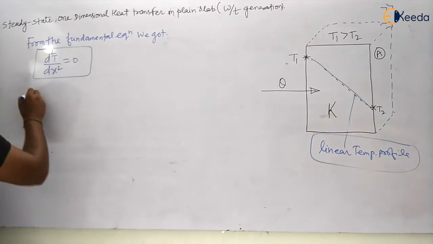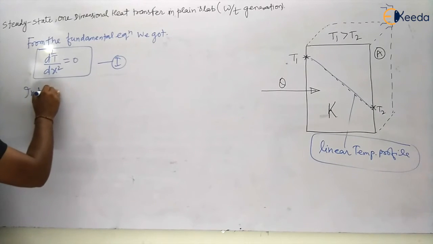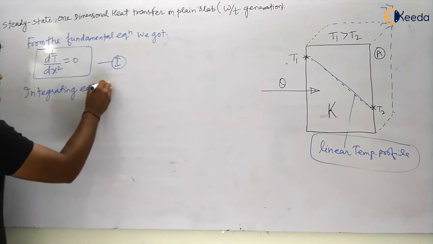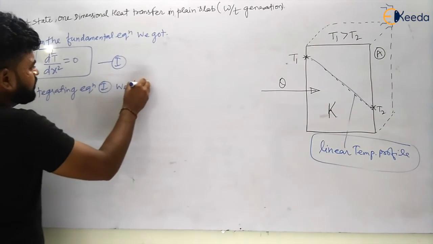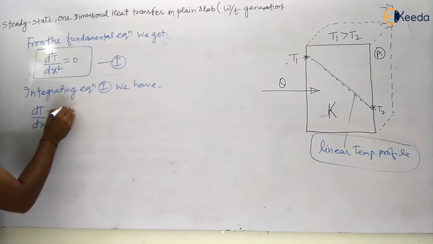So integrating the equation first, we will have dT by dx is equal to C1.